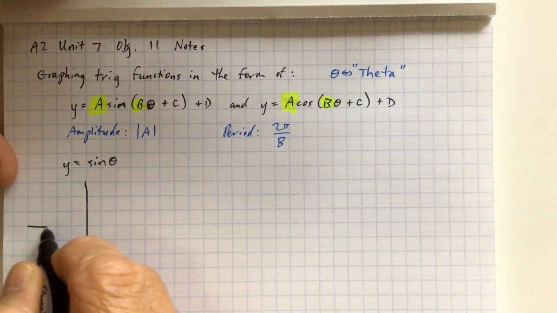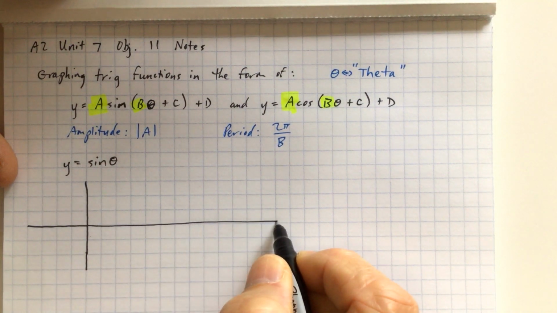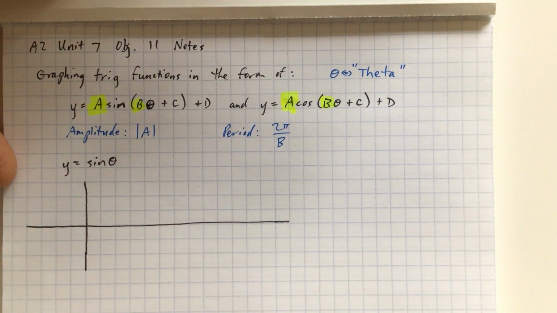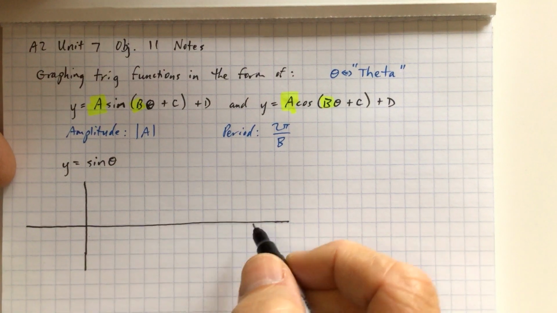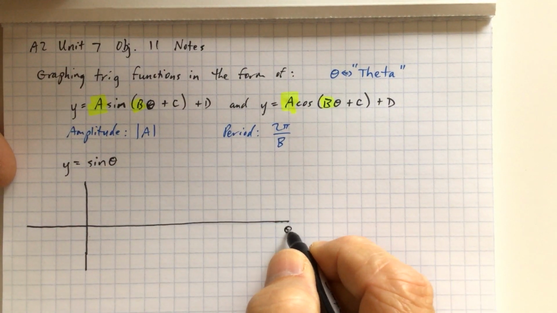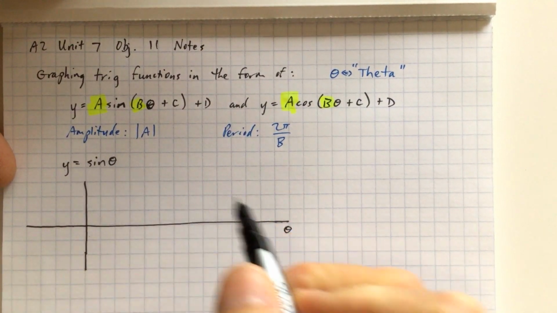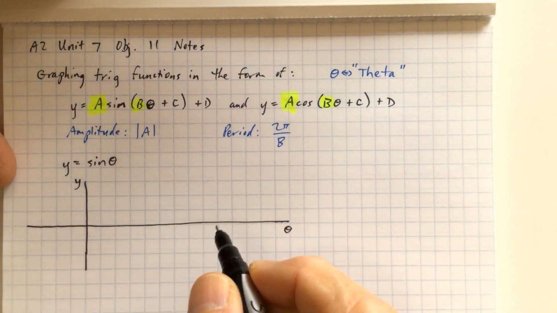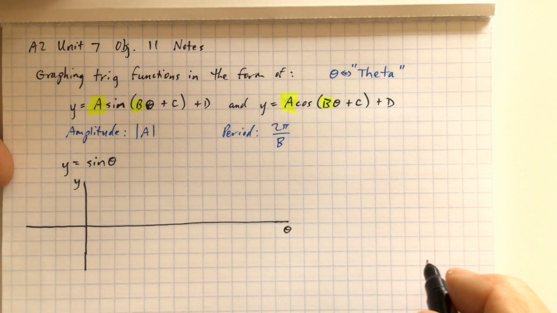First of all, we're going to draw a horizontal axis. That's our theta axis, like an x, like y equals sine of x. And then the y-axis, still the vertical axis.